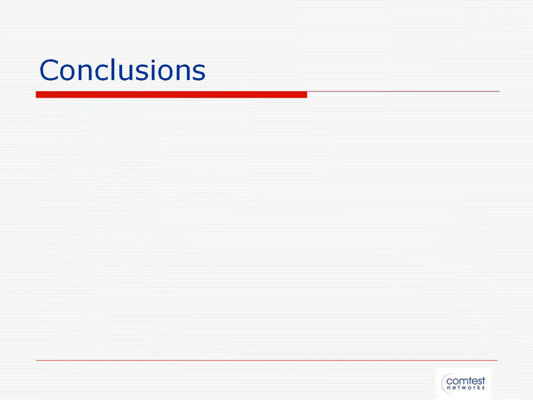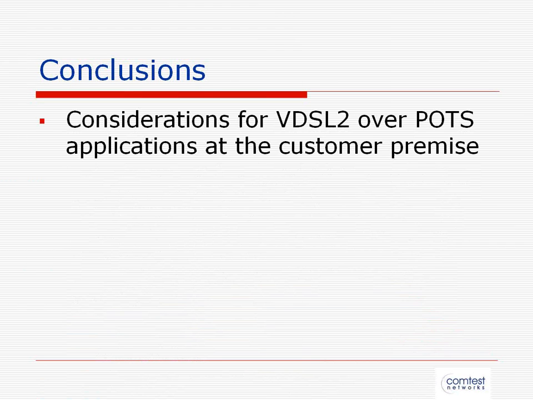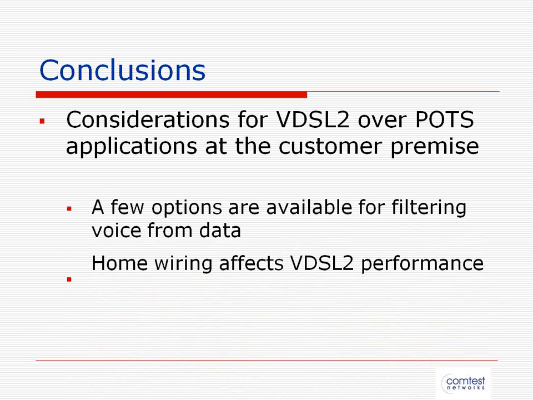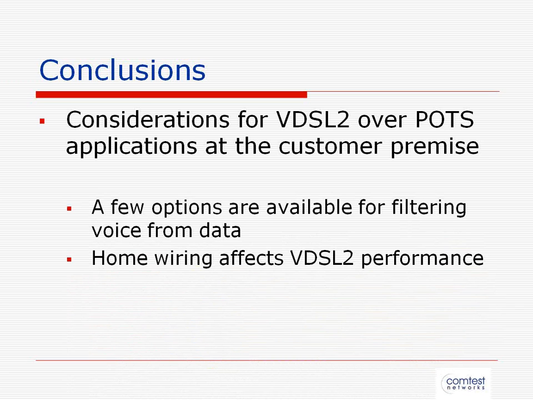Thank you, Anna. So from what we've seen today, there are a few good options available for filtering voice and data. But depending on the home wiring, some options are clearly better than others. Anna demonstrated that some very common home wiring configurations could have a serious negative effect on performance if voice and data filtering is not managed properly with the right device.